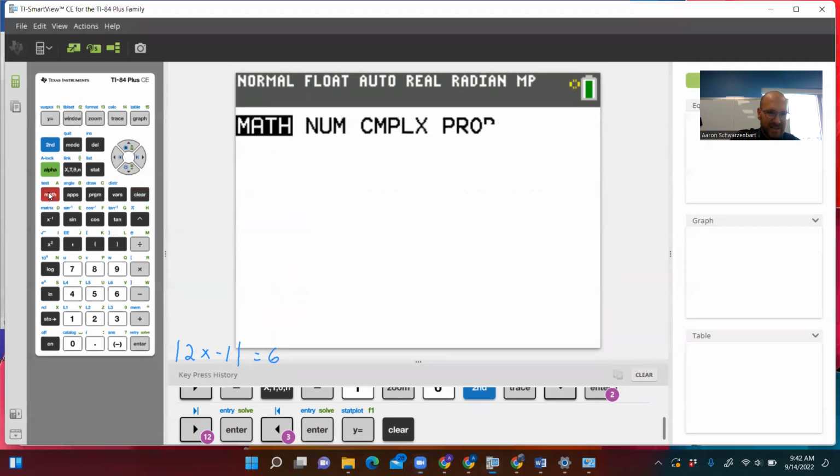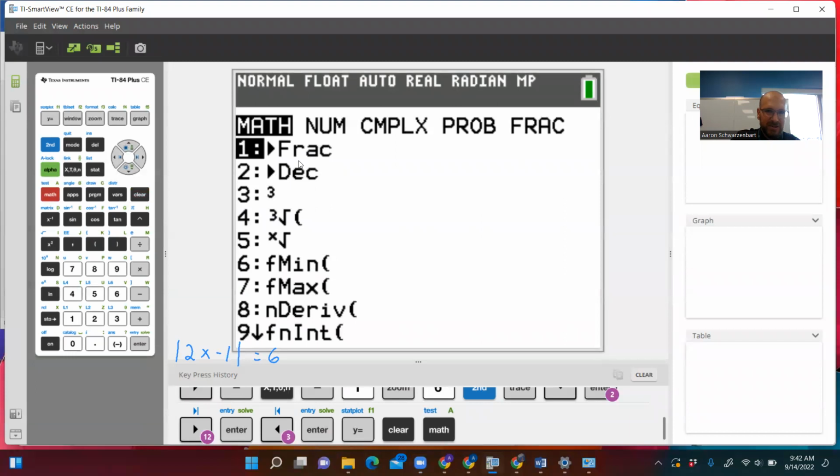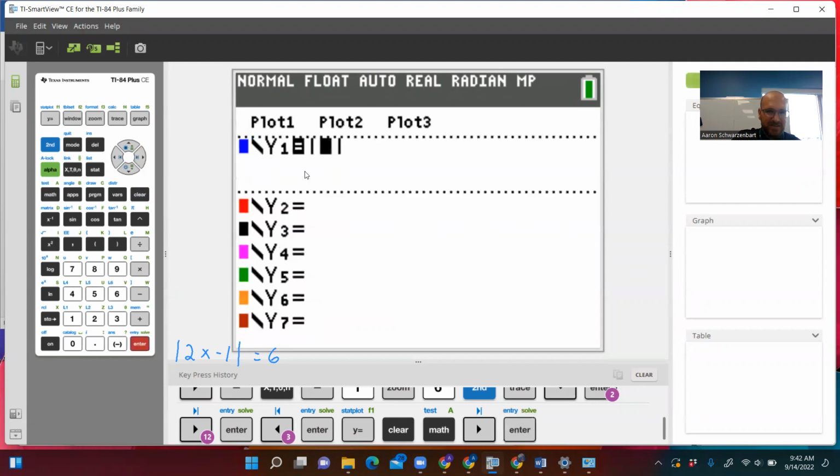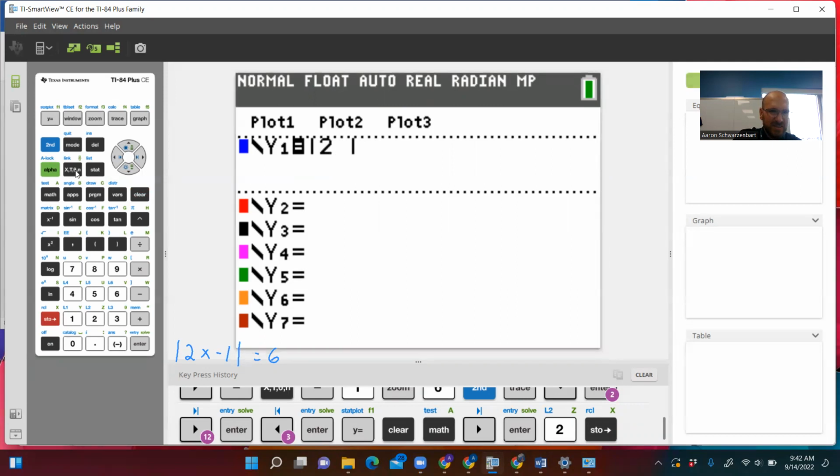To do the left side, I need an absolute value. To do that, I go math. I use my over arrow to get to num, and ABS stands for absolute value. And now on these nice TI-84s, it gives you an actual absolute value symbol. If you have an older TI-84 or a TI-83, it's just going to say ABS and it's going to open parentheses.